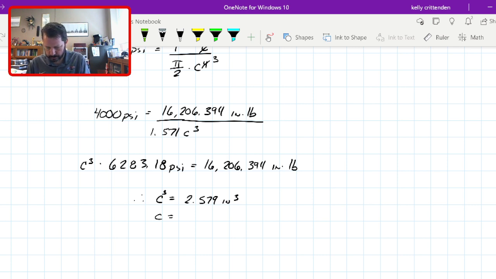Let's see, how does that work on this calculator? I'm not sure how this calculator does cube roots. All right, let's do it that way.